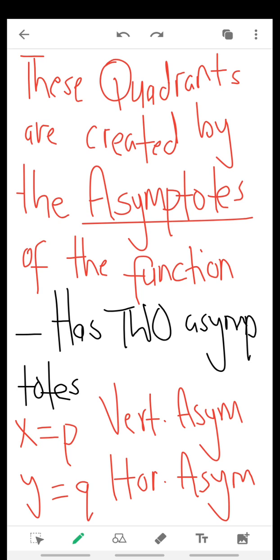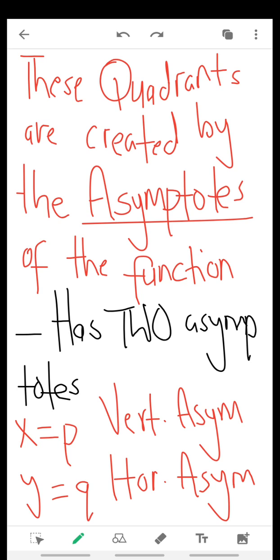Now how will the asymptotes create these quadrants? They are able to create these quadrants because we've got two asymptotes for a hyperbola. The hyperbola has a vertical asymptote and a horizontal asymptote. Remember, an asymptote is an imaginary line that a function or a graph will approach but will never touch, cut or cross.